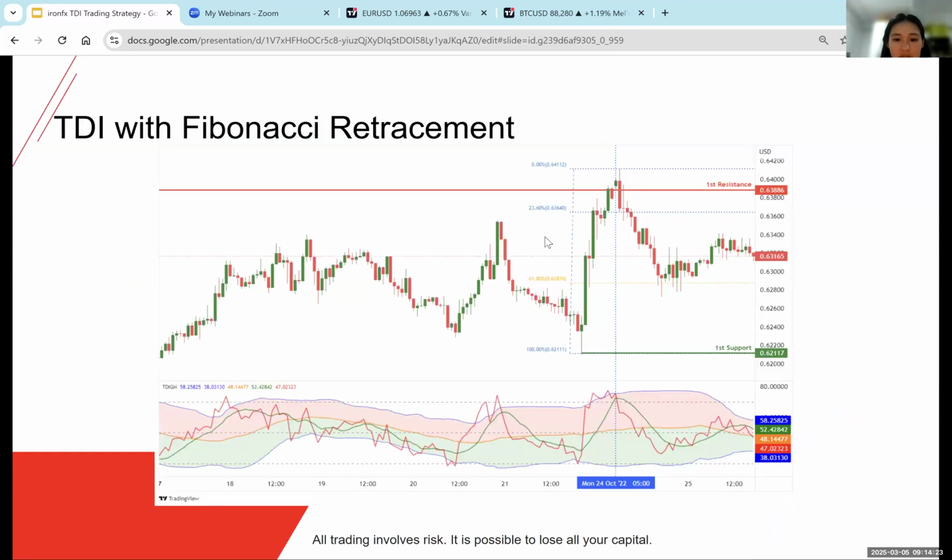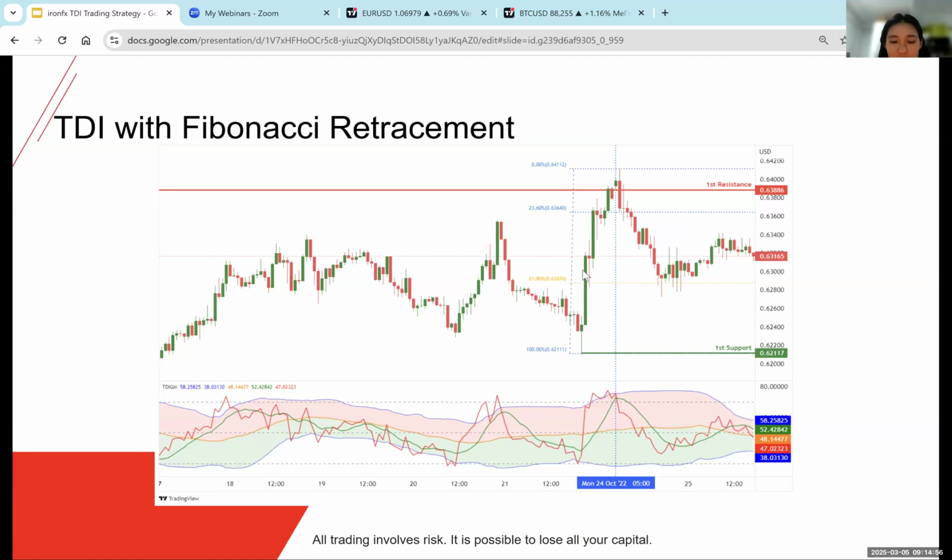Okay, so let's talk about how to improve on the strategy. As per usual, a very typical method of ours is to support our indicators with Fibonacci. Here we're using Fibonacci retracement, which is possibly the easiest Fibonacci to master. We're taking the trend line from the swing low to the swing high here, and we are expecting prices to continue to drop.